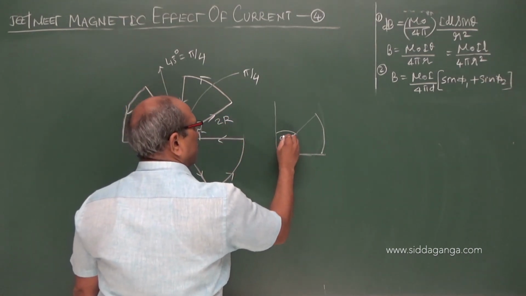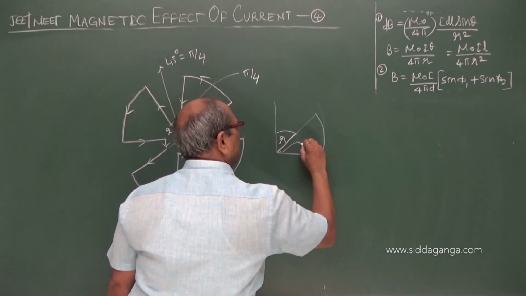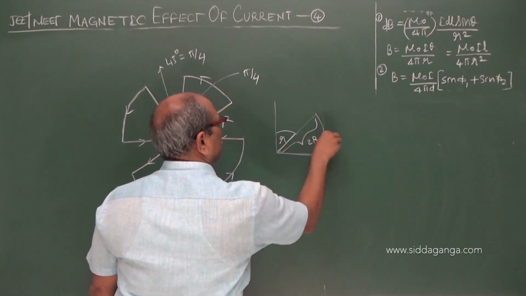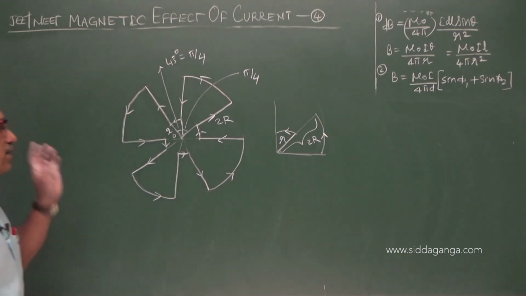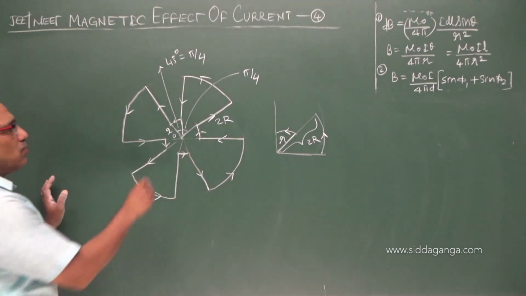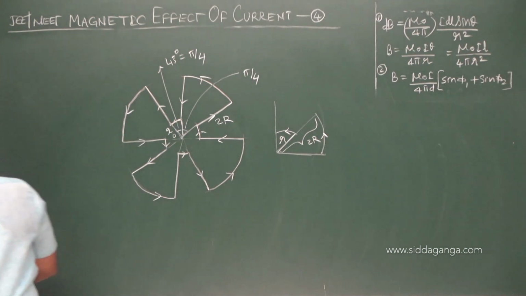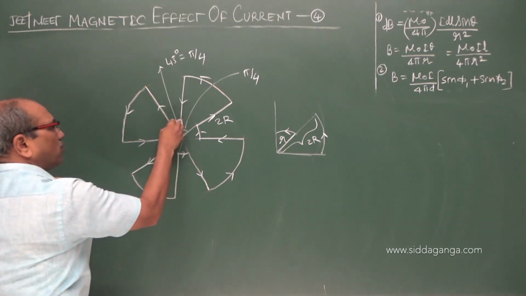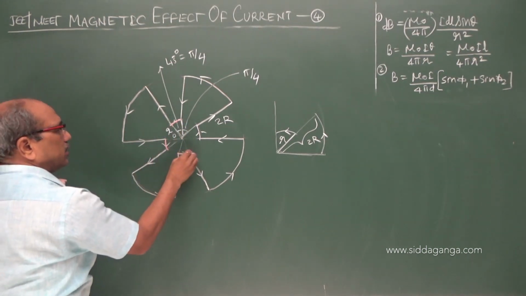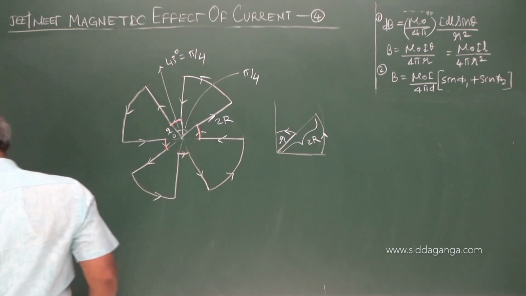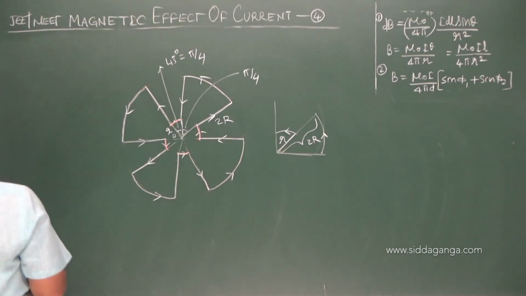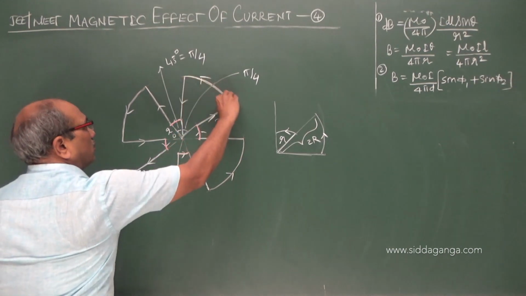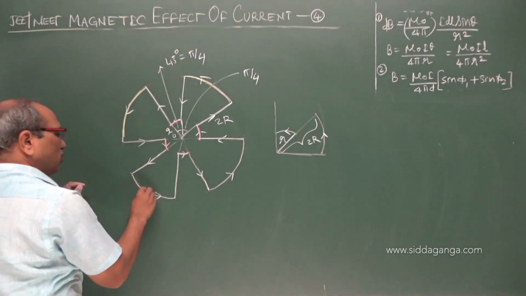This length is r, but this length is 2r. Both are carrying the current in the same direction. Field due to 4 parts. If you imagine them, these are the 4 parts inside, which I am showing with red color. And another 4 parts are of radius 2r, which I am showing by yellow color.